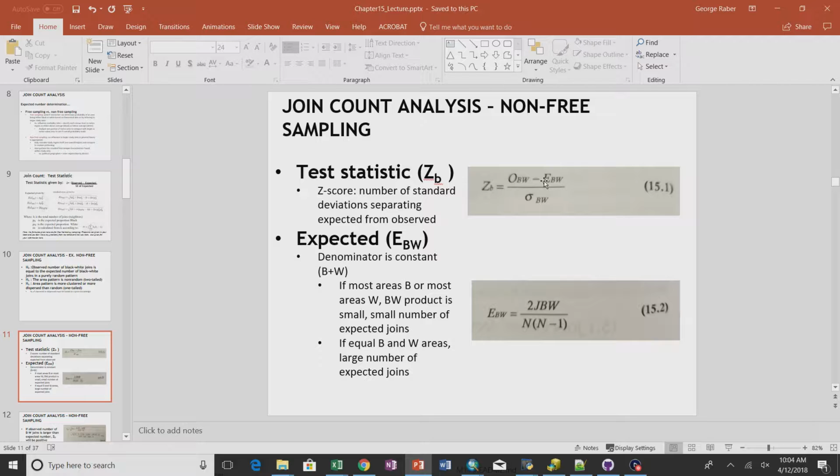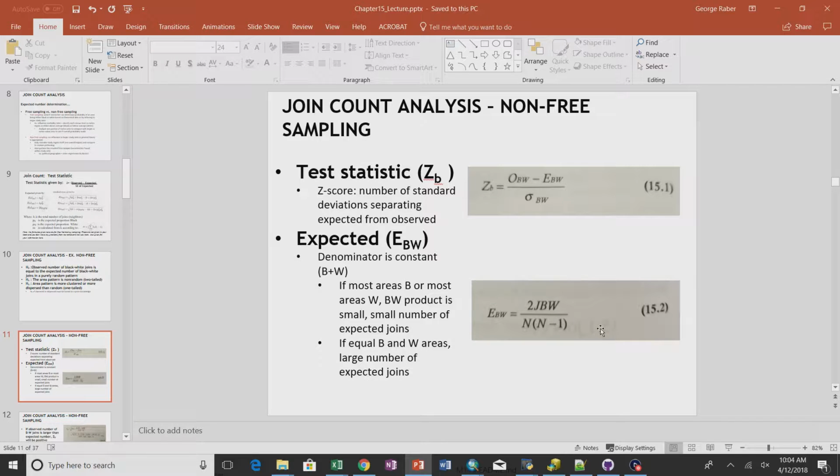In other words, how many times there should be, if it was random, a black and white join. In other words, a black next to a white value. So the OBW is how many times there actually was a black and a white next to each other. The EBW is how many times there should be a black and a white next to each other if it was random. And this is the formula for that.